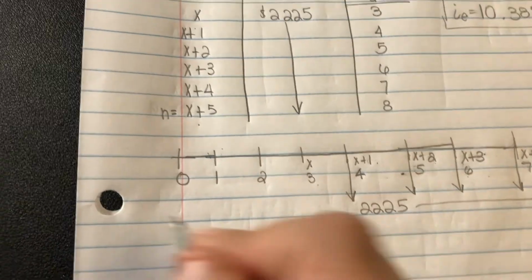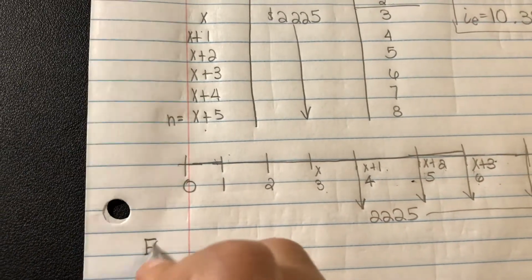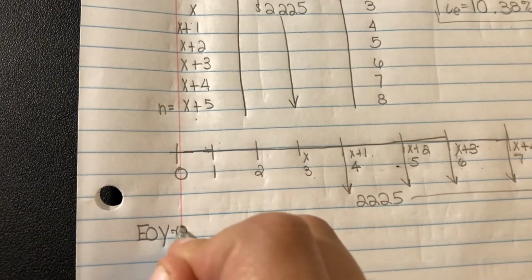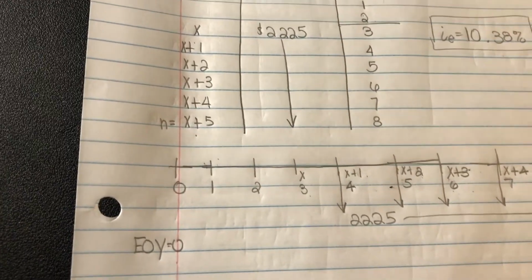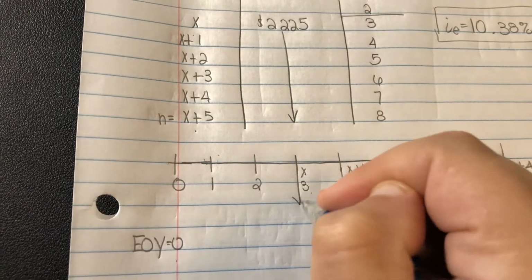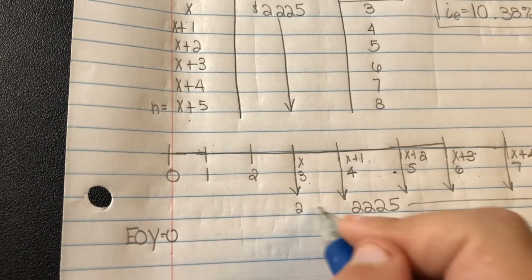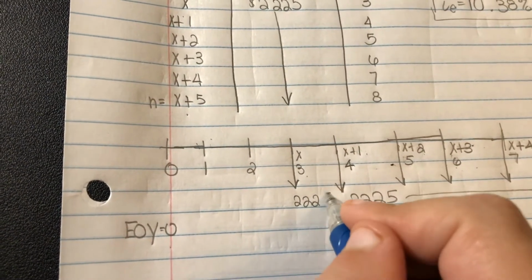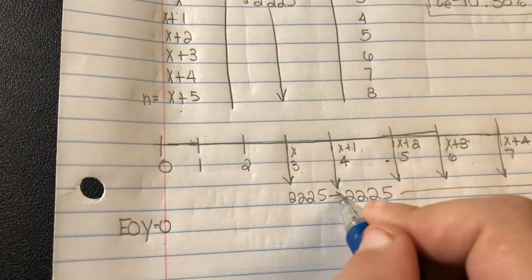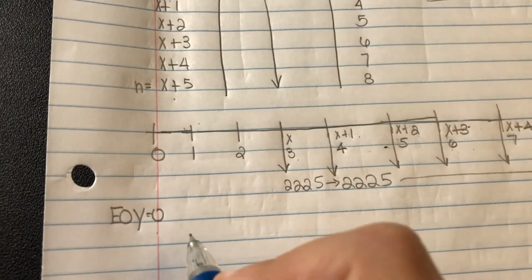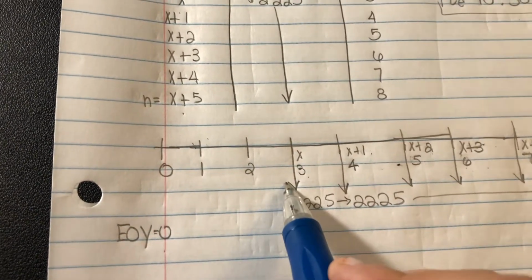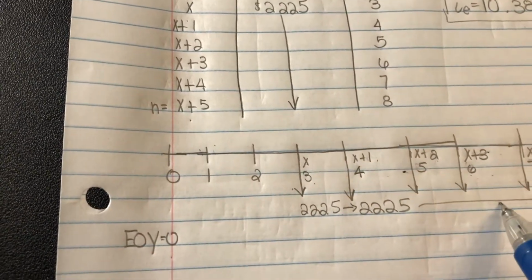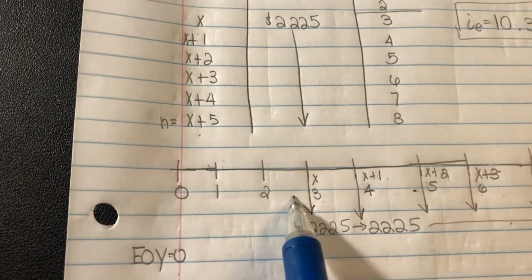So we're going to have your end of year 0, and this is going to be split up in two different parts for this one, because you don't have any payments up here that have been made, so you're going to have to calculate the whole thing and then take out for this section. All right.